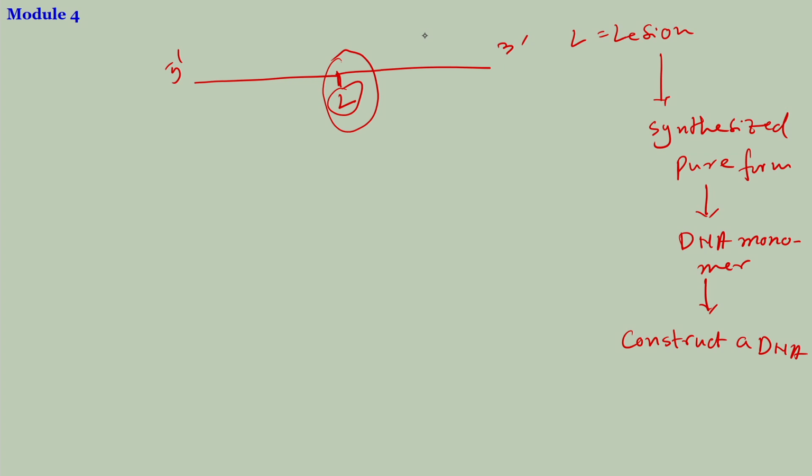You can construct this DNA incorporating a lesion at one point of space here or maybe again here. You can have one, you can have multiple of them. So, you can synthesize a DNA in which you know that your pure lesion has been incorporated into it, and you also know its location.